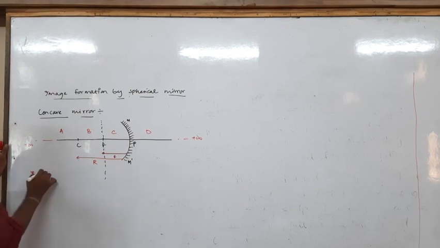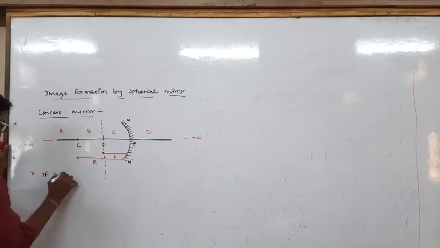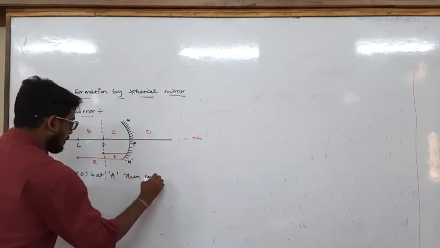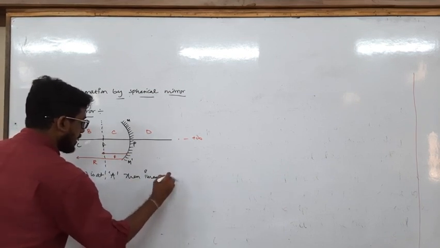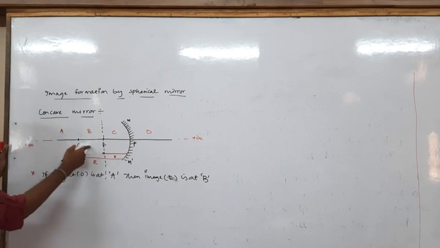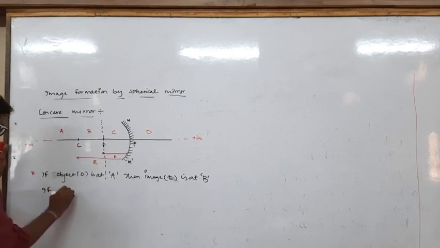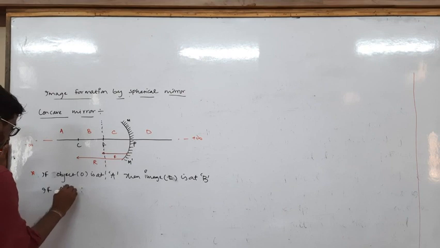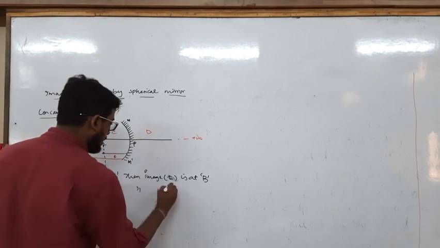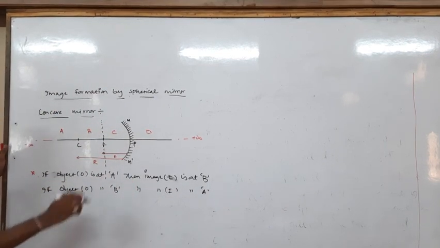So the first point: if the object, denoted by O, is at region A, then the image, denoted by I, is at B. If the object is at A, the image is at B. Similarly, if the object is at B, then the image I is at A. Clear?